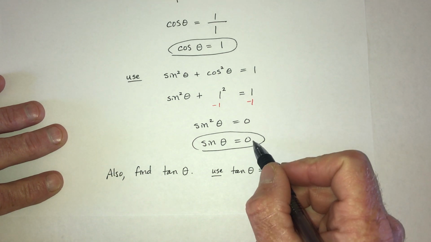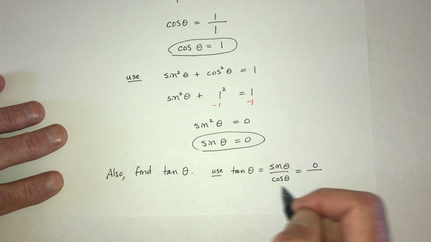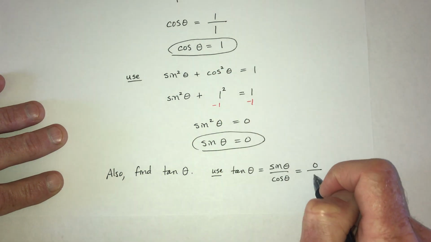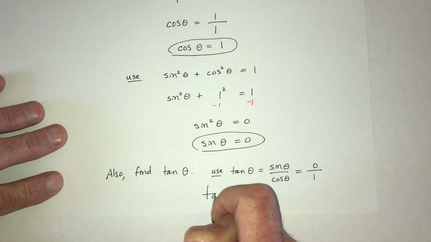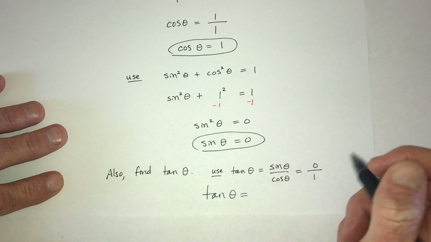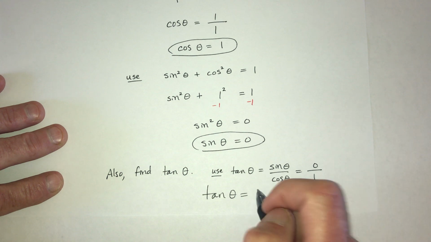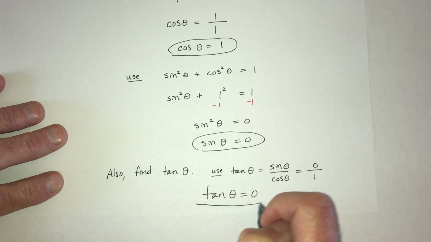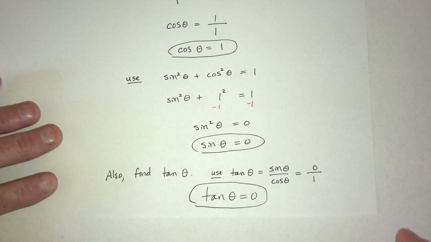And we got the answer for sine is 0, and the answer for cosine is 1. So that means that tangent is equal to 0 divided by 1, and 0 divided by 1 is equal to 0. So there we have it all.